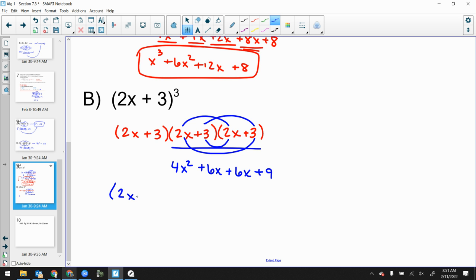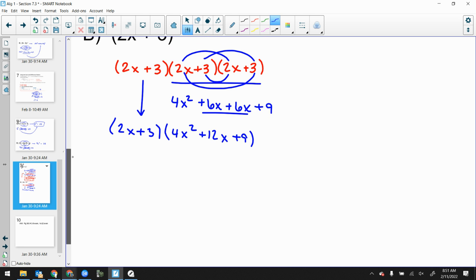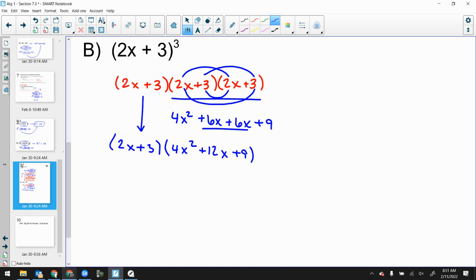So I'm going to carry through this piece here. And this turns into 4x squared, and then we have a 12x plus 9. And now I use binomial times trinomial, just like what you did on your homework last night. 2x times 4x squared, 8x to the third.